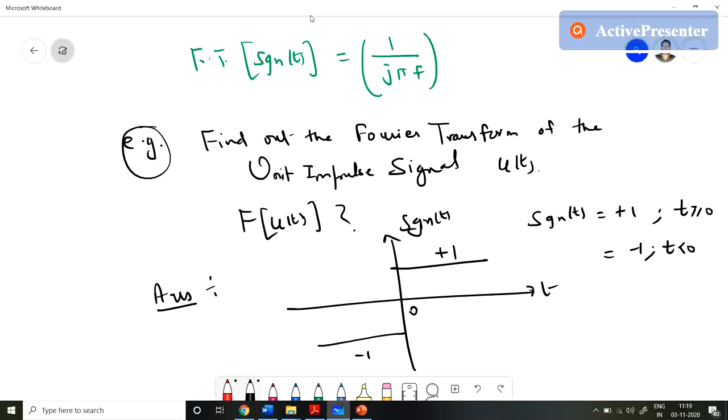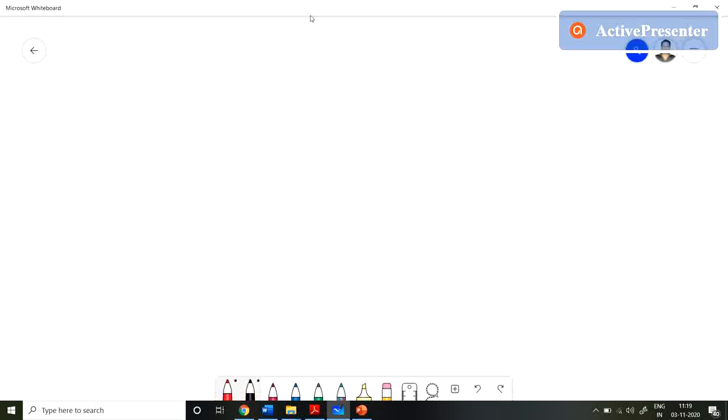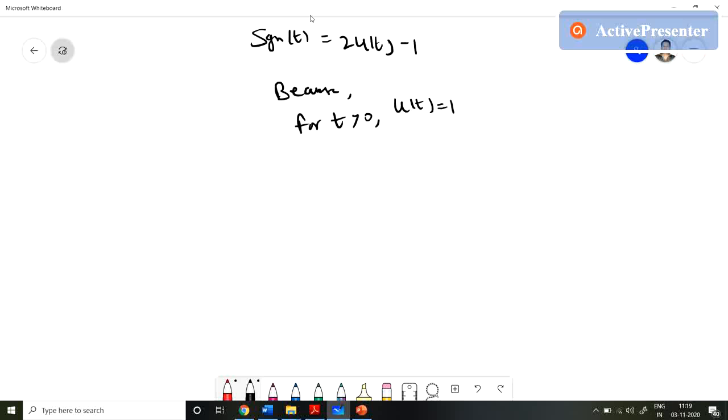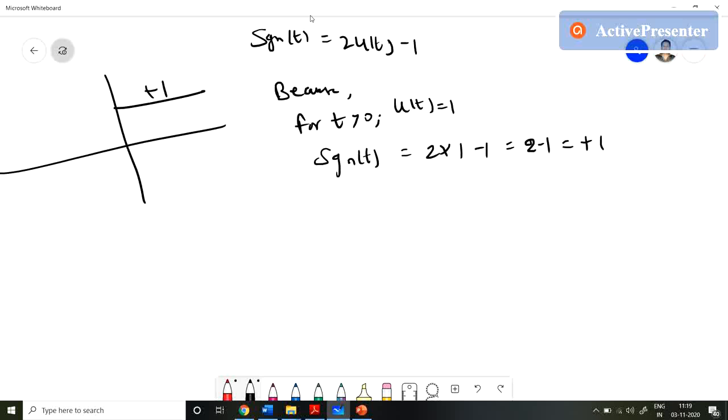Now we can find the relation between signum t and u(t): signum t is equal to 2u(t) minus 1. If we carefully observe, for t greater than 0, u(t) is equal to 1, so signum t becomes 2 into 1 minus 1, that is +1.